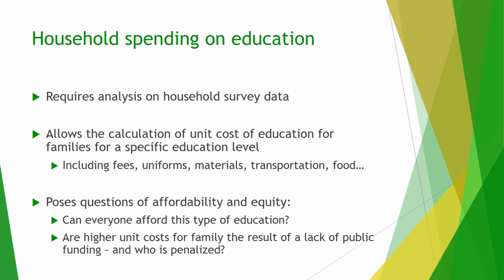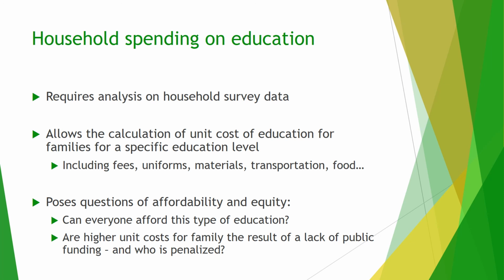So we generally resort to household surveys. There may be specifically designed household surveys to analyze the spending of families, of households, on different sectors. So how much families spend on food, on housing, on education, on their health, on transportation, etc.